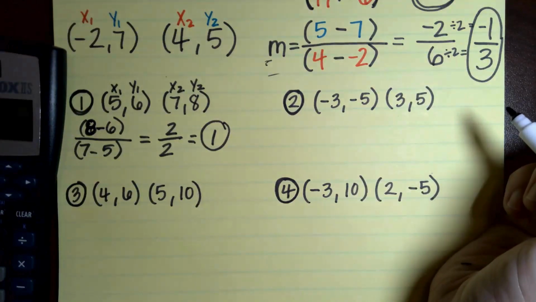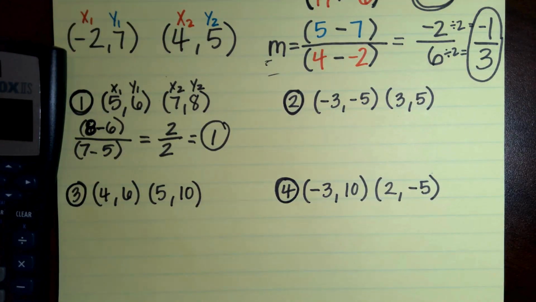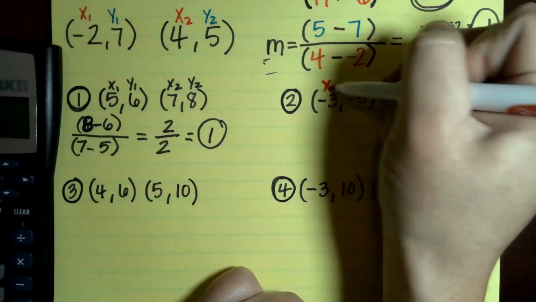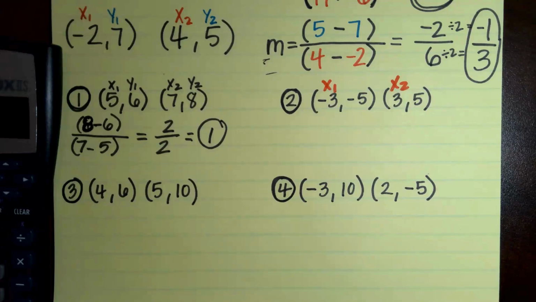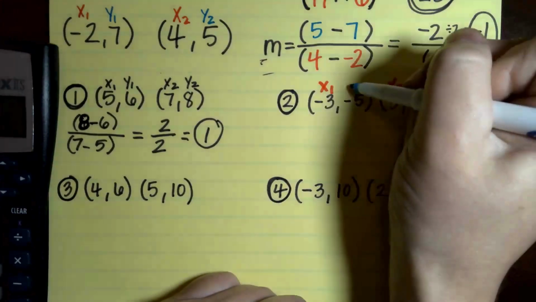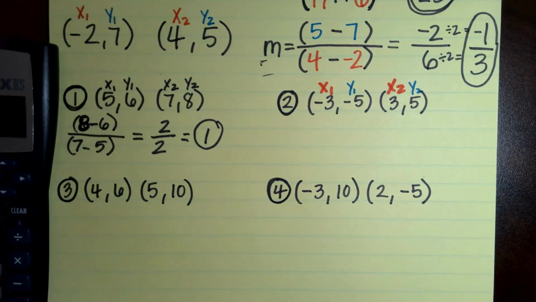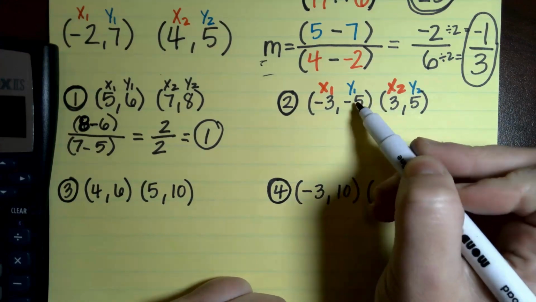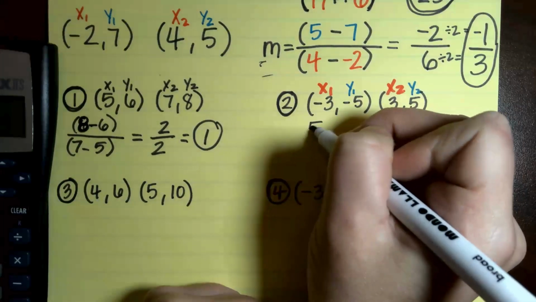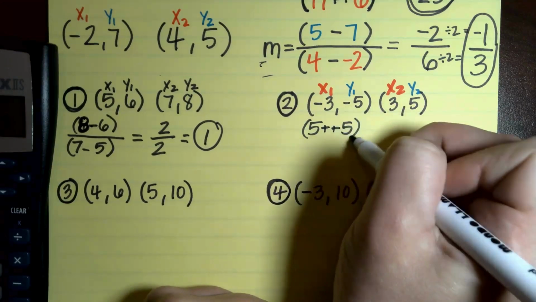Okay, did everybody get that? Okay, guys, come on. 10 over 6 simplified to 5 over 3. Let's work this out together and make sure it's right. It sounds like it is since everyone got the same thing. Okay, so y2 minus y1, that's going to be 5 minus -5. That's just 5 plus 5, guys.